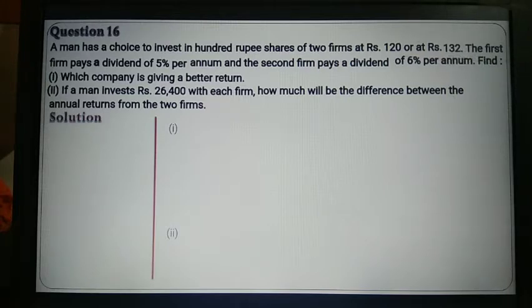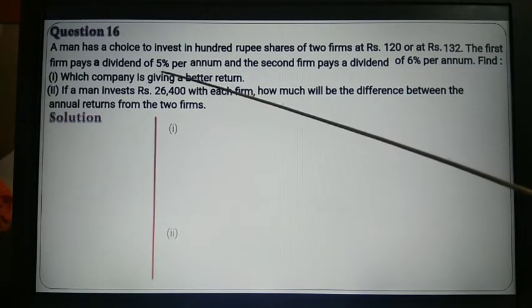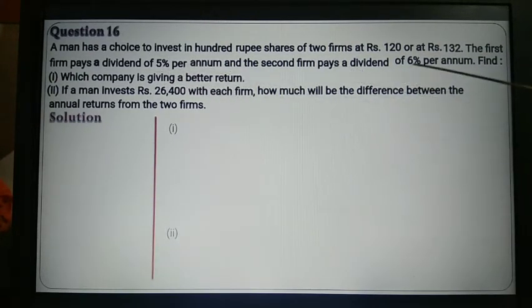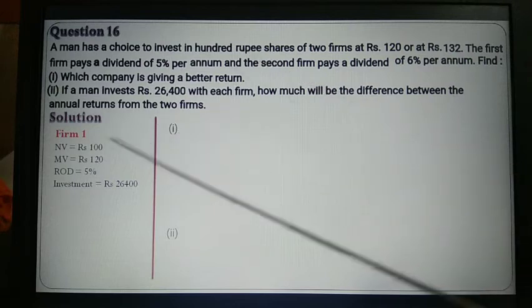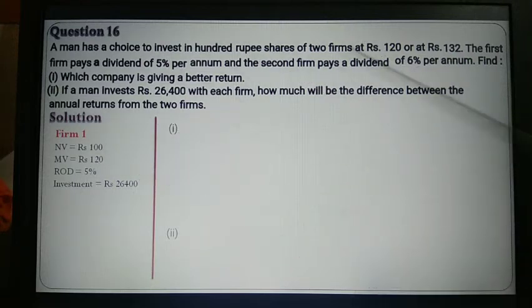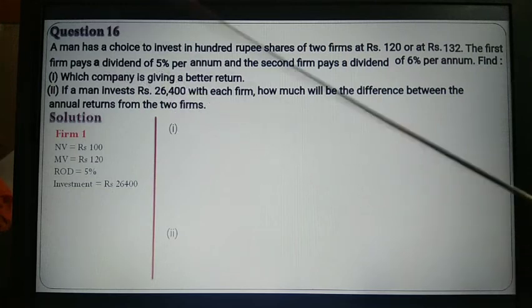Now the first firm pays a dividend of 5%, and the second firm pays a dividend of 6%. So there are two firms, so let us note down the data given for the two firms. In the first firm, the nominal value is 100 and the market value is rupees 120. The rate of dividend is given to be 5%.